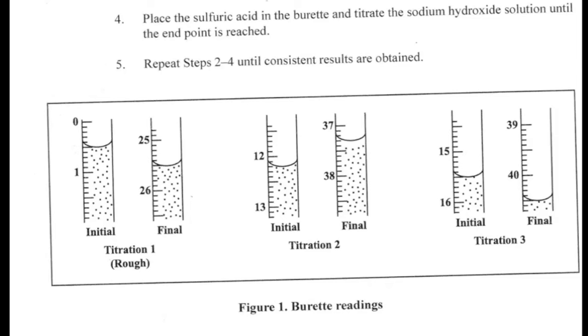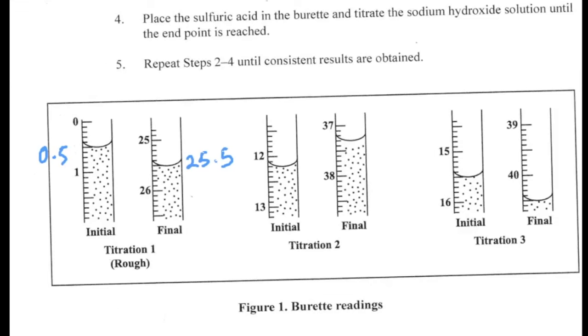Each of these little marks represents 0.1 cm³. So we're going up by 0.1, 0.2, 0.3, 0.4, 0.5. This one is 0.5. And the final for the rough titration is 25.5. So the initial is 0.5, the final is 25.5.